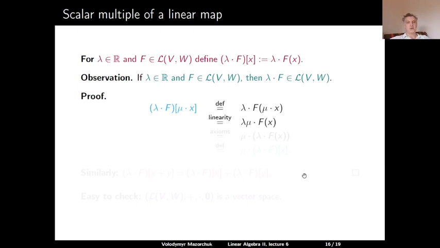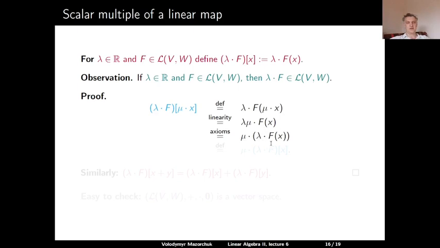Using the linearity of F, we can move mu out, so this is equal to lambda mu times F of x. And since lambda mu is equal to mu lambda, the product of real numbers being commutative, using the axioms of the vector space we can write this as mu times lambda times F of x.